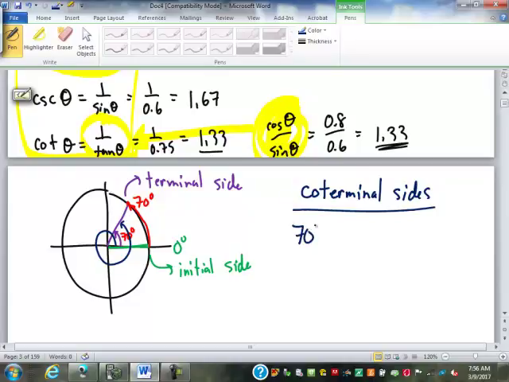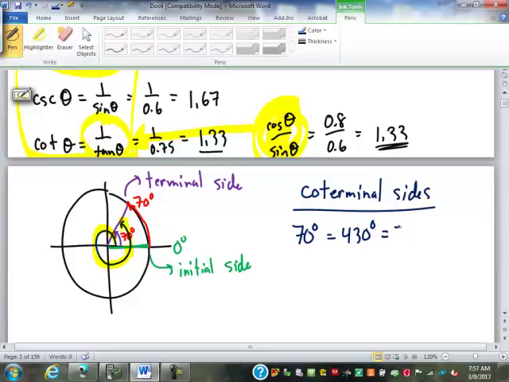So for that 70-degree angle, there are other angles that are coterminal to it. 430 degrees, for example, is coterminal to 70. Where did the 430 come from? Perfect. Around the whole circle is 360, plus another 70 is 430.